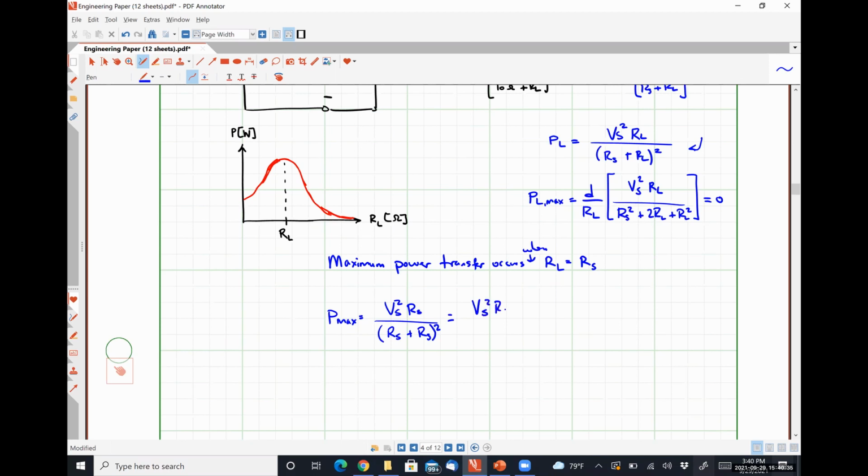VS squared RS over, so twice RS squared is going to be 4 RS squared, is simply VS squared over 4 RS. So if we ever want to know what the maximum power that can be delivered by a particular practical voltage source is, that's it.